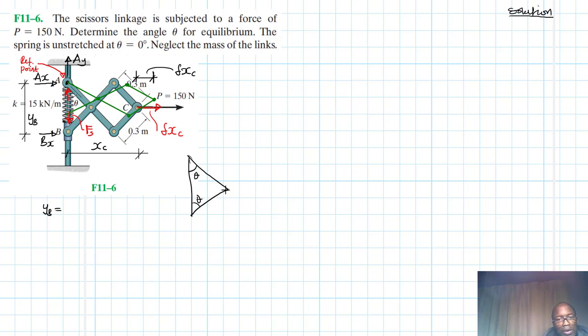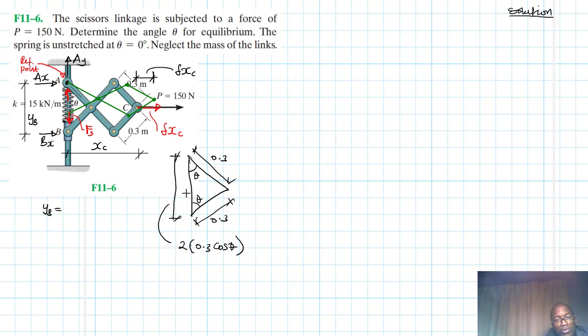We know the lengths of these are equal. They have been given as 0.3 and 0.3. So what is the length of this? This is the length we just want to find. The length of this is going to be equal to 2 times 0.3 cos theta. Is that fine?